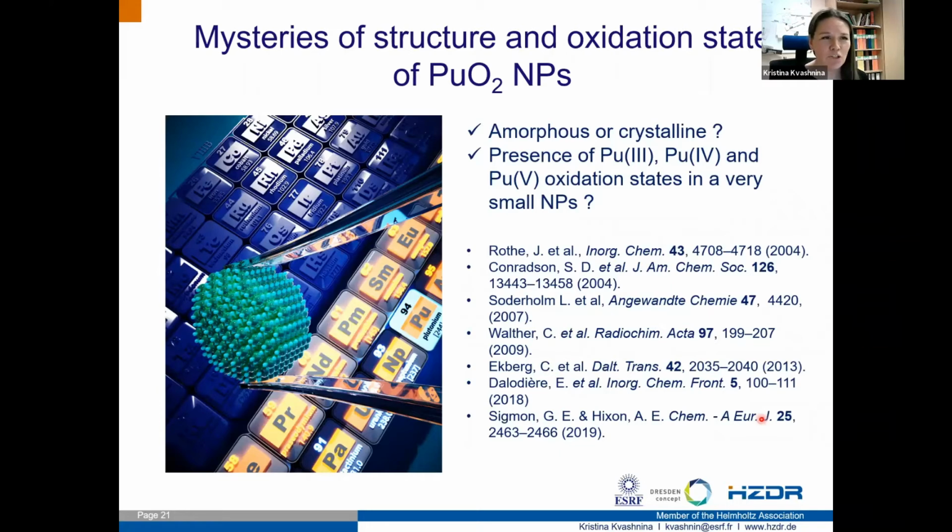But that also has a good reason. People make those nanoparticles under different conditions, and they study them with different experimental methods, which apply different rules, and you might also be able to change the state of your system.